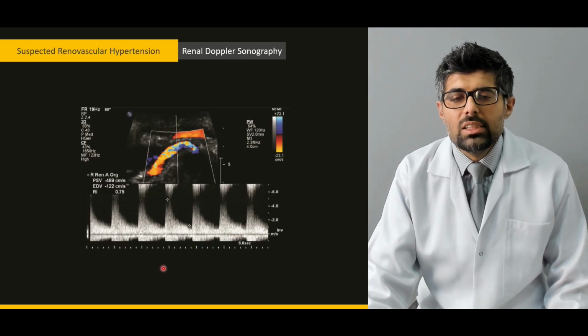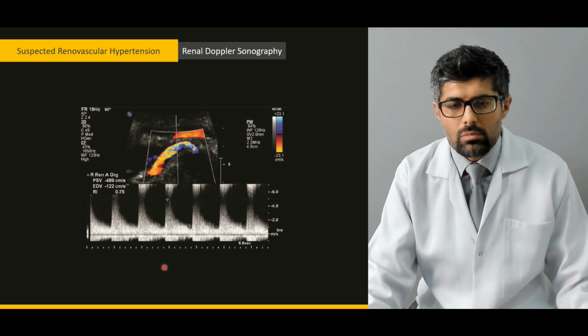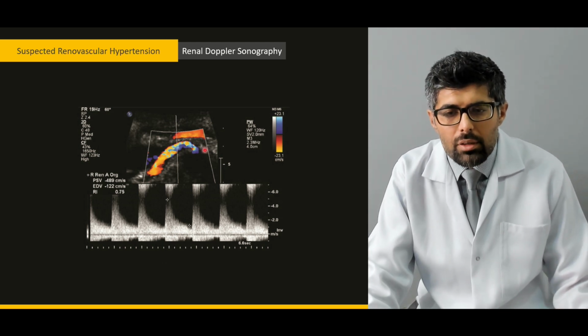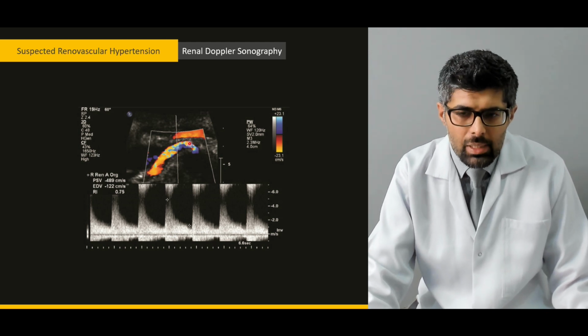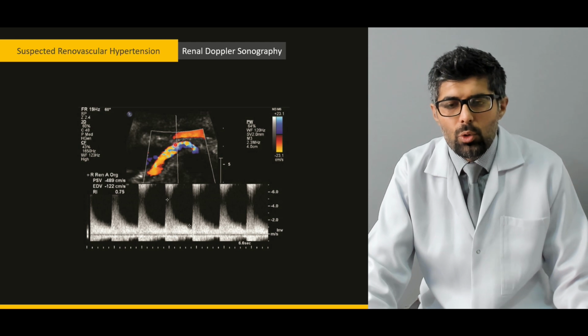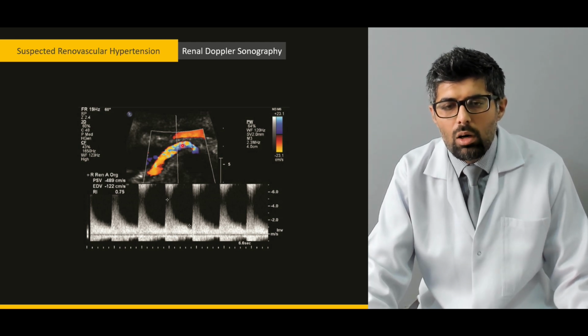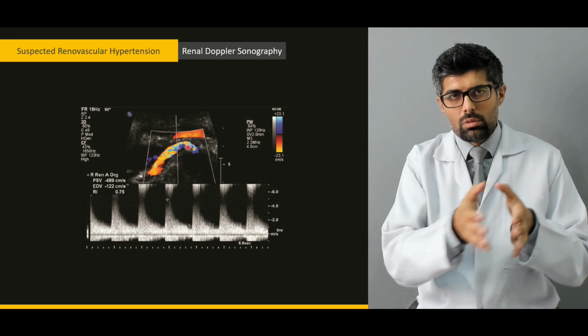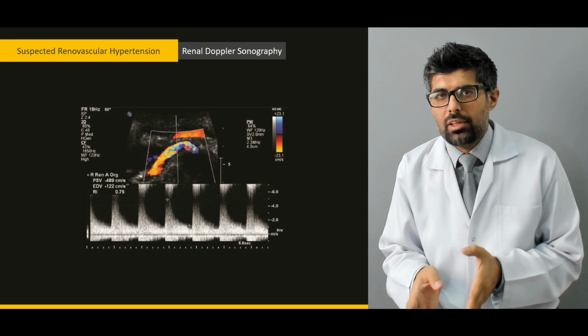Now, this is an example of a renal Doppler sonography. Here we look at the renal artery, and we look at how the velocities of the blood before the narrowing and after the narrowing are affected.